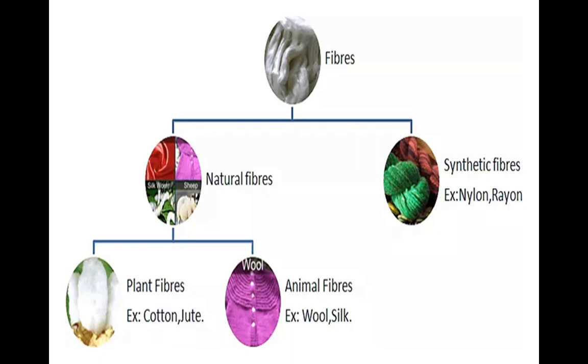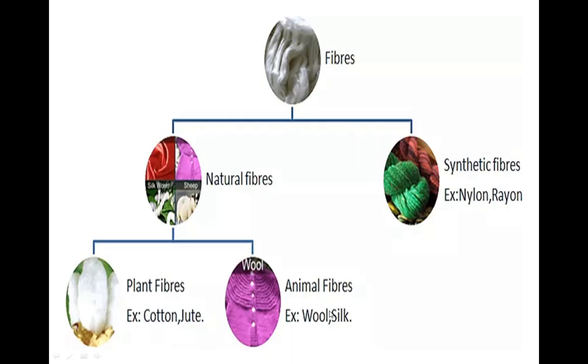Now, whatever fibers we are getting from natural and artificial sources, see the image, fibers are there. There are two types of fibers, that is natural fibers and synthetic fibers. Natural fibers means we get the fibers from plants and animals. Plant fibers, the examples are cotton and jute, and animal fibers are wool and silk.